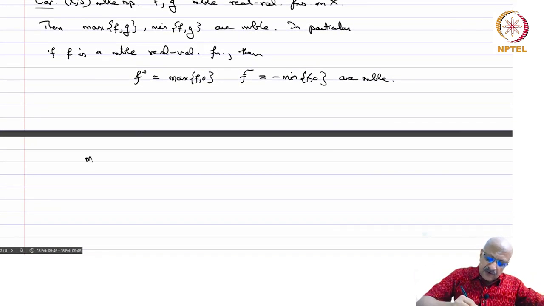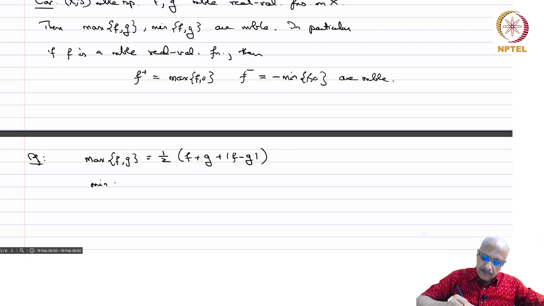So, proof. max(f, g) is nothing but 1/2 of (f plus g plus |f minus g|), and min(f, g) equals 1/2 of (f plus g minus |f minus g|).